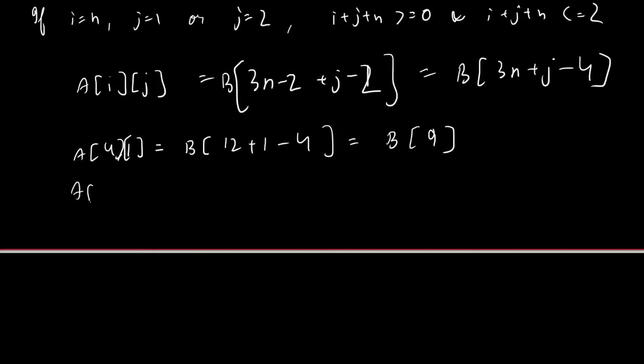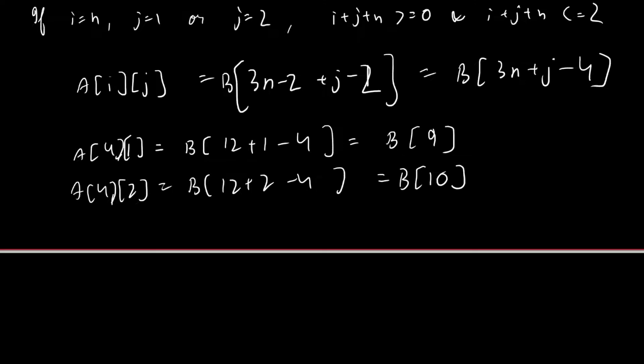So yeah, that's good. A42 will be stored at B, 12 plus 2 minus 4, that would be B10.